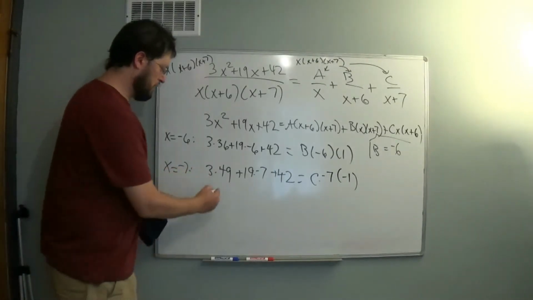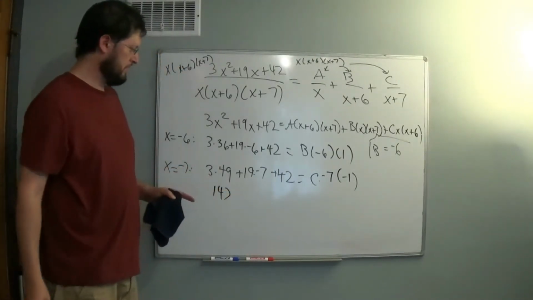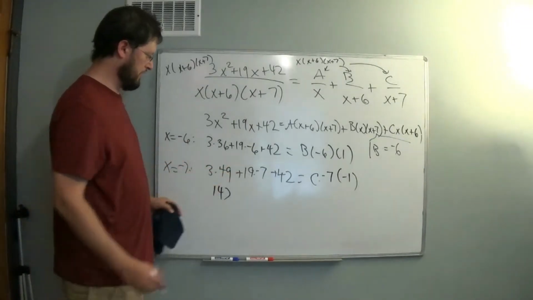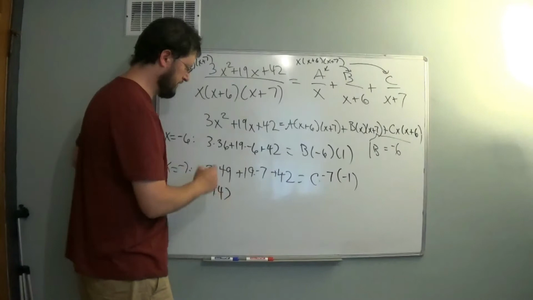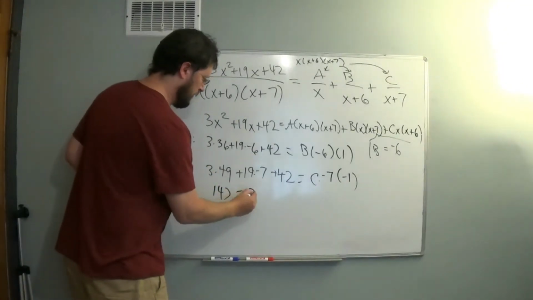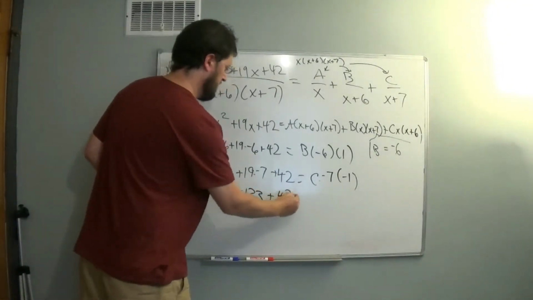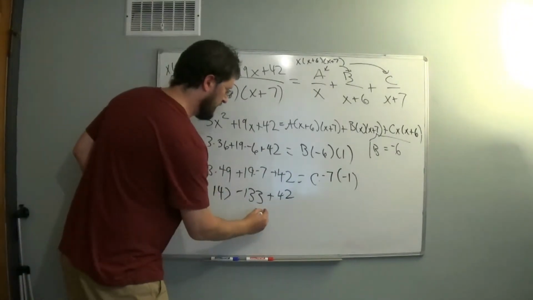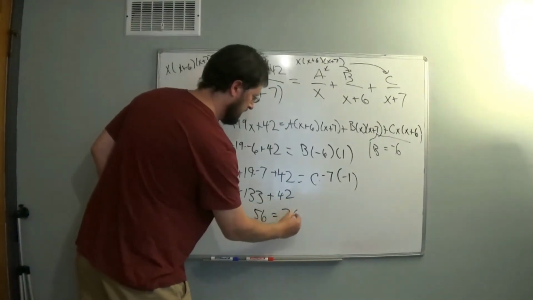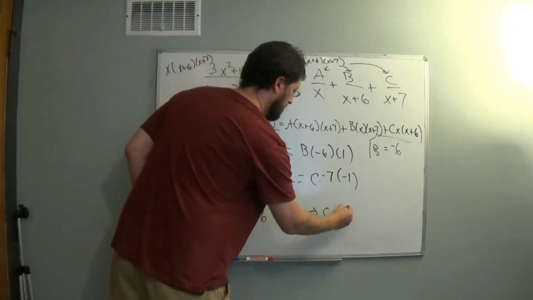Alright, that's 147. That'll be negative 133, and 42. So it gives me 14, and 42 is 56, is equal to 7C. So C is equal to 8.